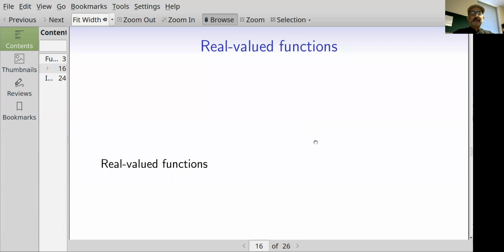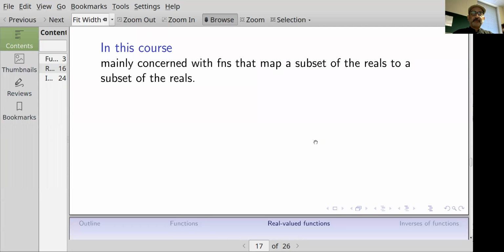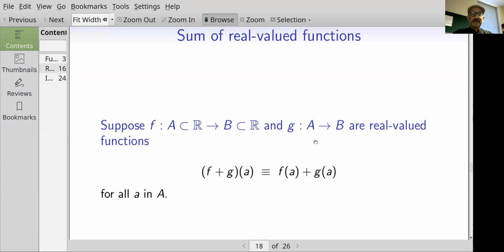Okay. We move on to real valued functions. We're mainly concerned with functions that will map some subset of the reals to a subset of the reals. Now, suppose you have two functions. F maps some subset of the reals to a subset of the reals. G also maps with the same domain.